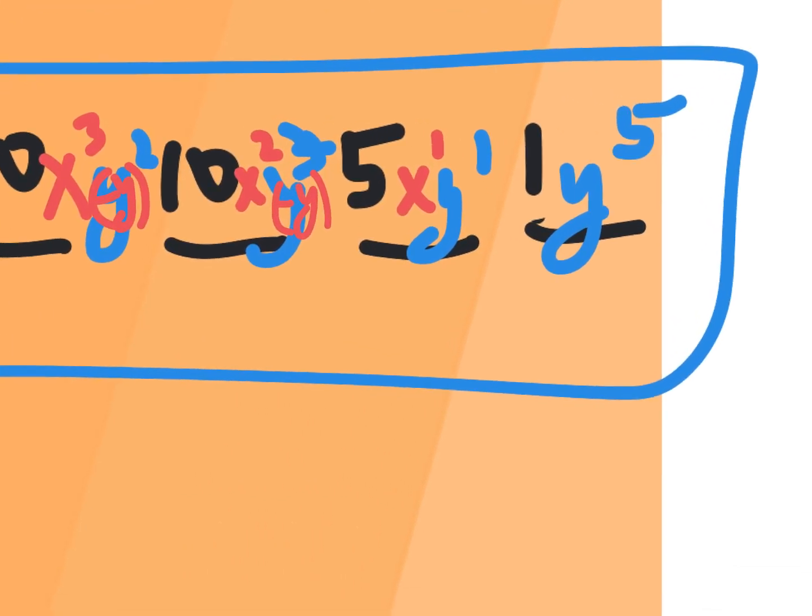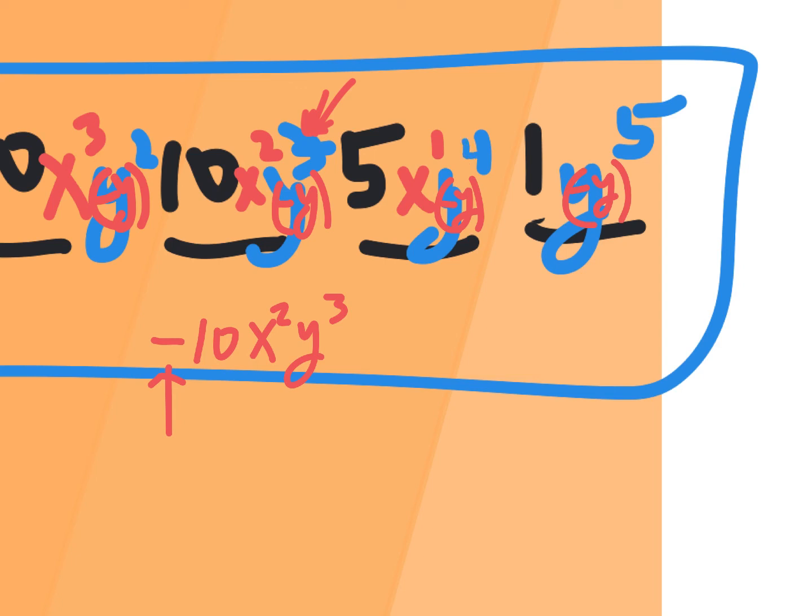Whether it's to a degree that's even, then the negative gets canceled. Or if it's to a degree that's odd, then the negative doesn't get canceled. So this one would be negative 10 x squared y to the 3rd. Why is it negative? Because it was to a power of 3. And this makes it negative y and negative y, so this was to the 4th.